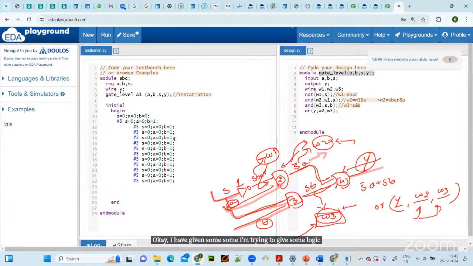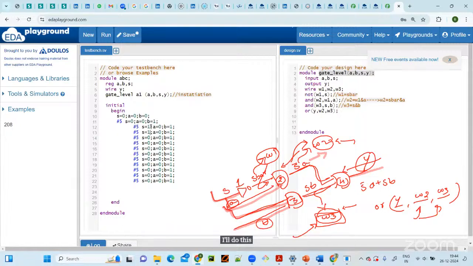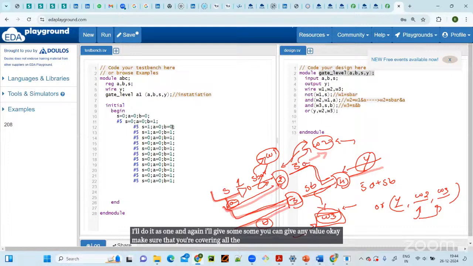Okay, so 0 0, now I'll give it as 1. And again you can give any value. Make sure that you're covering all the range. 0 0, and here I'll be giving something like 1 0. Here again some 1 1 we will give.